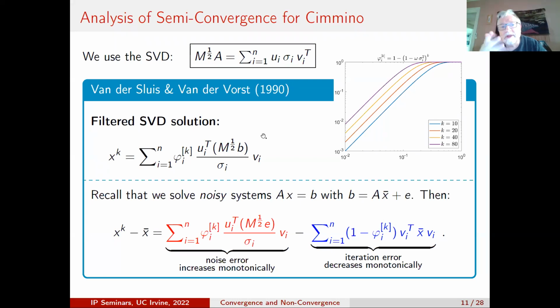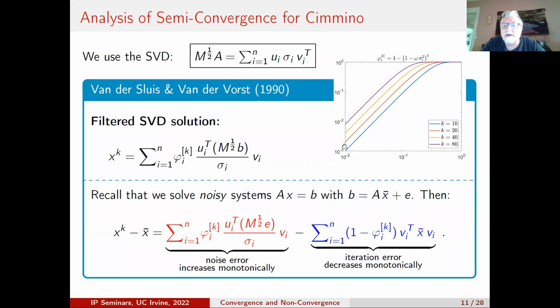Forget about M; think of M as the identity matrix. In terms of the SVD, we can write the kth iteration vector as a filtered SVD solution, with some filter factors in front. We're already familiar with that, for example, from truncated SVD or from Tikhonov regularization. If we plot these filter factors, they look something like this. They are, of course, a function of the singular values.